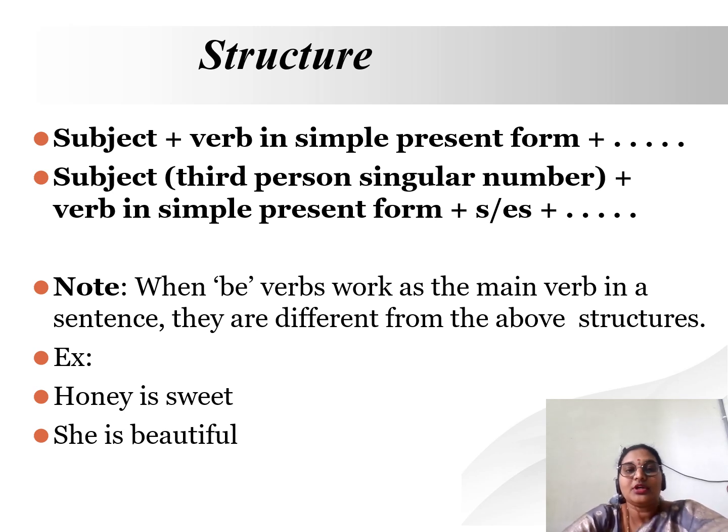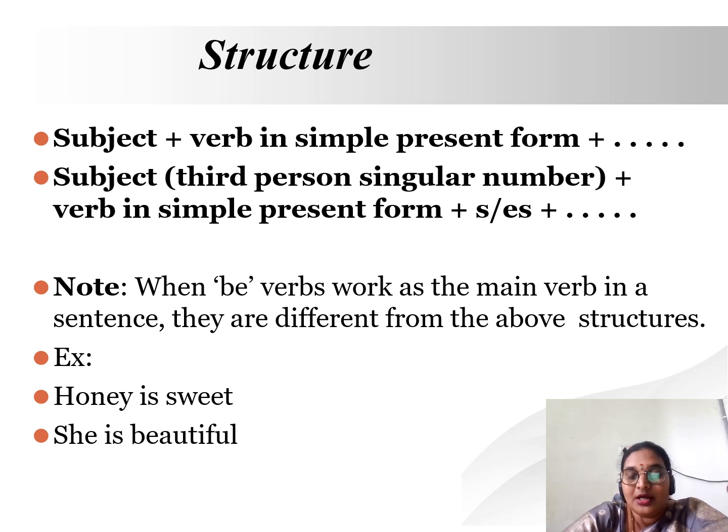For the third person singular, as we all know, there are three persons: first, second, and third. If you want to mention the third person in singular form, you add s or es to the verb form.